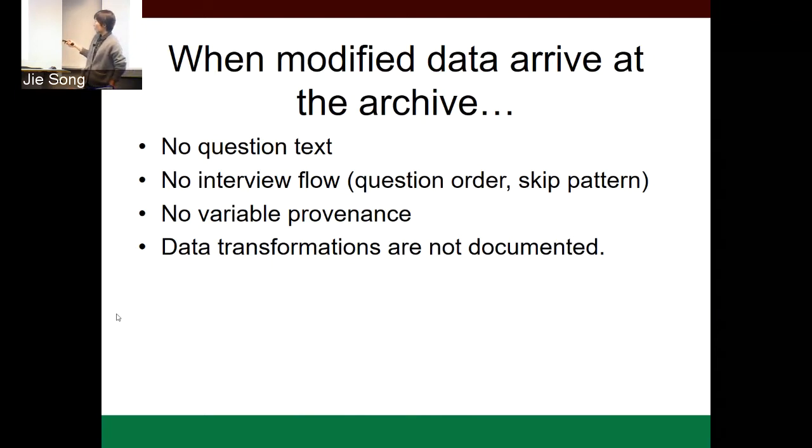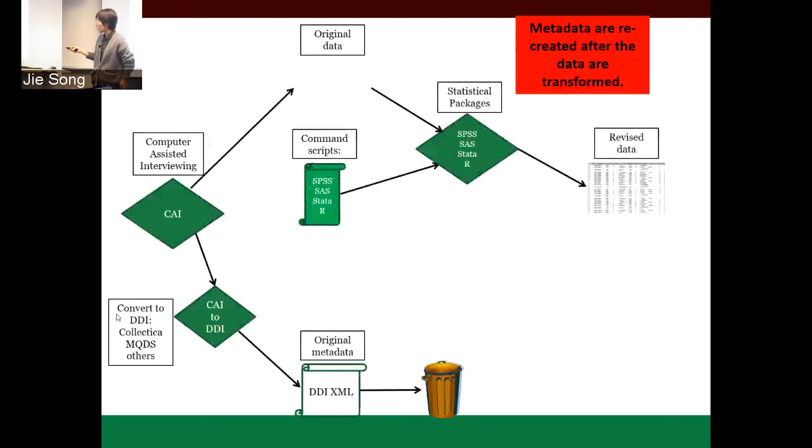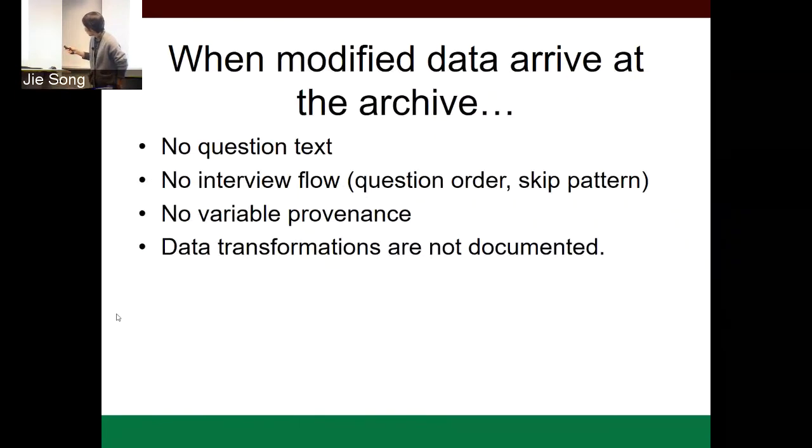The original data will come as an archive to be published, but it has no question context, no interview flow, no variable provenance, and the transformations are not documented. So how are we able to include that documentation information, and make the revised data have its own metadata?